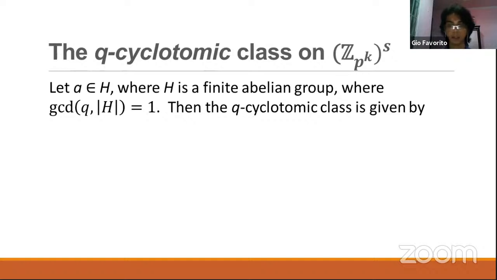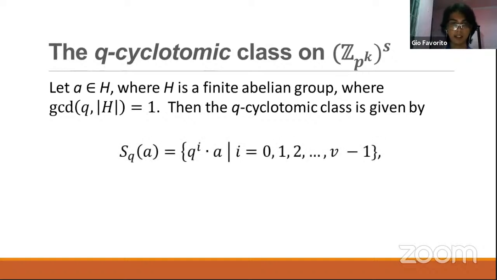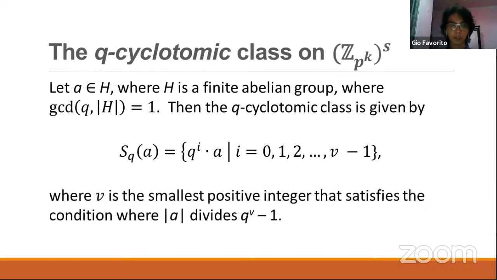Then the Q cyclotomic class is given by S sub Q of A is equal to Q sub I times A, where I is 0, 1, 2 hanggang nu minus 1. Where nu is the smallest positive integer that satisfies the condition, where the order of A, yung element natin in the subset H, is dividing Q raised to nu minus 1.